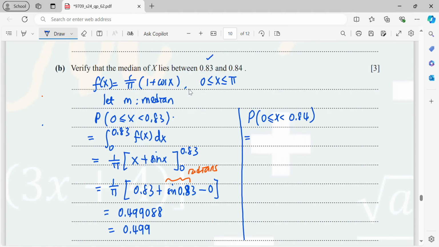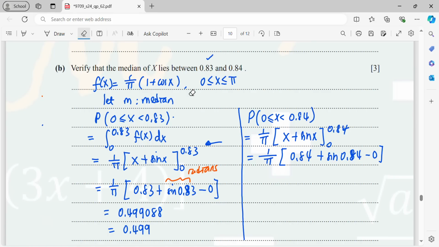Okay, so just change this 0.83 to 0.84 and rewrite the rest. So here I will get 1 over pi times 0.84 plus sine 0.84, then minus 0.